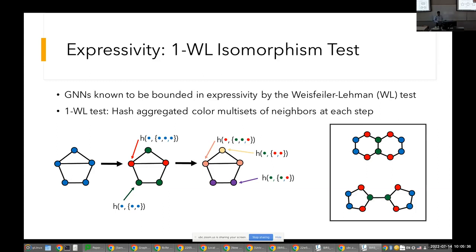Here's an example of 2 graphs that are non-isomorphic, but they still get mapped to the same colors if you run a few iterations of this test. The top graph has a 6-cycle, and the bottom graph has 2 5-cycles, so they're clearly not isomorphic.